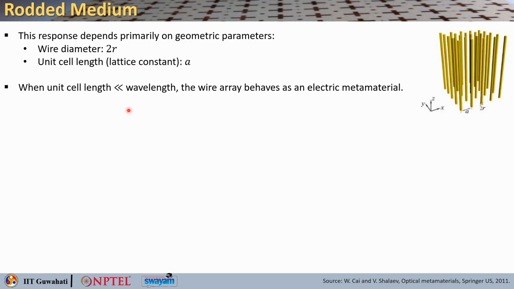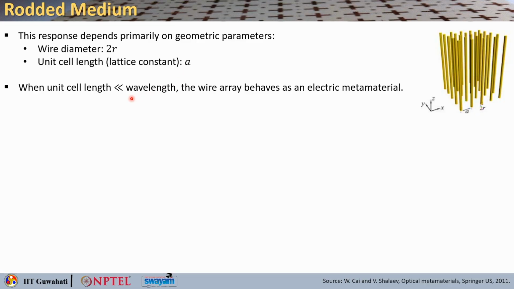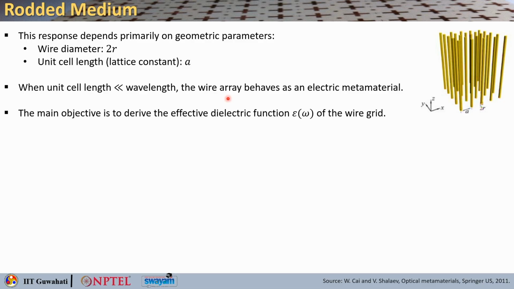What you have to pay attention to is that the unit cell length, that is the lattice periodicity a, should be way subwavelength, that is much smaller than the wavelength of light, and that is when the wire array will behave as an electric metamaterial.